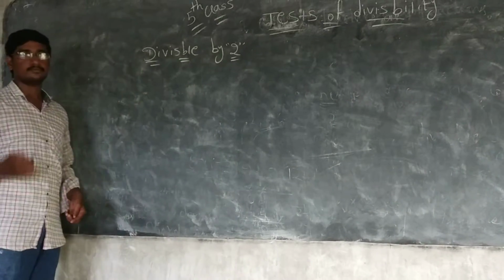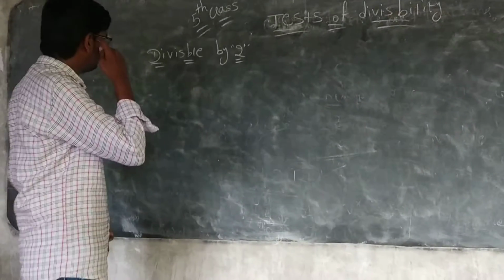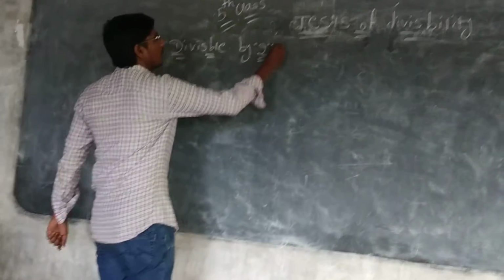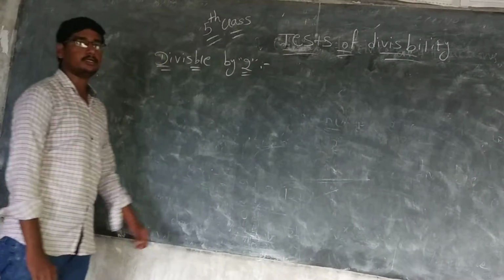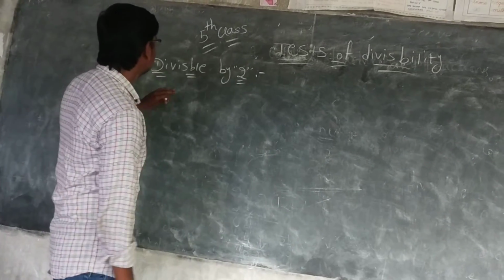Okay, students, let us start with the divisibility rule. Divisible by 2. I have already explained divisibility by 2, but let us elaborate the definition.